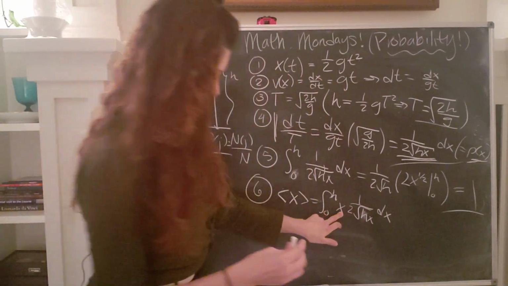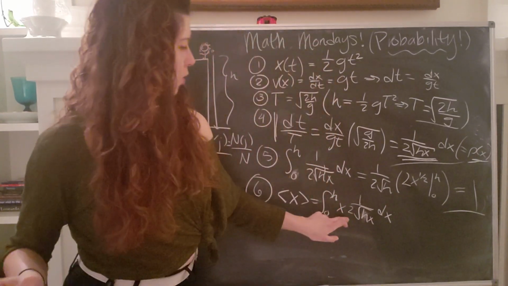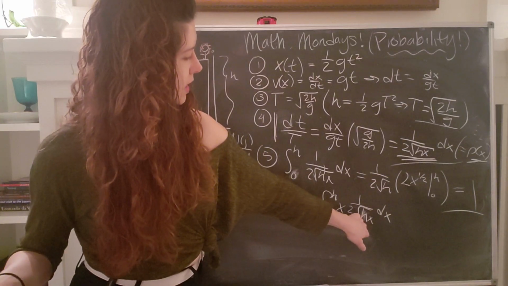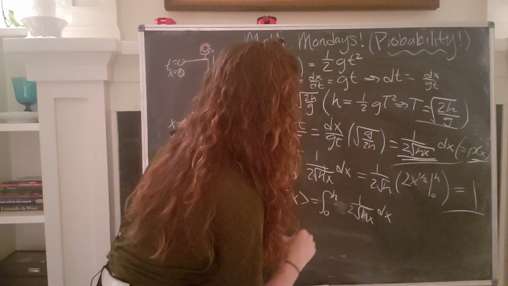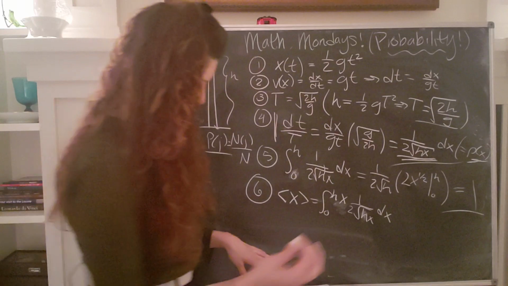And in other words, this is going to give us x to the 1 plus x to the negative 1/2. And then multiplied by that fraction.